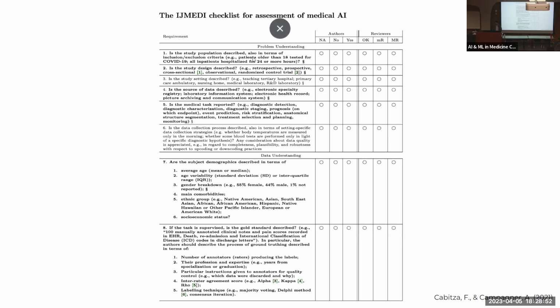Each paper gets a score from each of these. If it's a bold question, that's a 2-point question. If it's not bold, that's a 1-point question. So in here, for example, you can get a 2, another 2, that's 4, 5, 7, 9, and 10. You can get a 10 in problem understanding, so the paper gets a score out of 10. Same thing with data understanding, and a bunch of other categories.